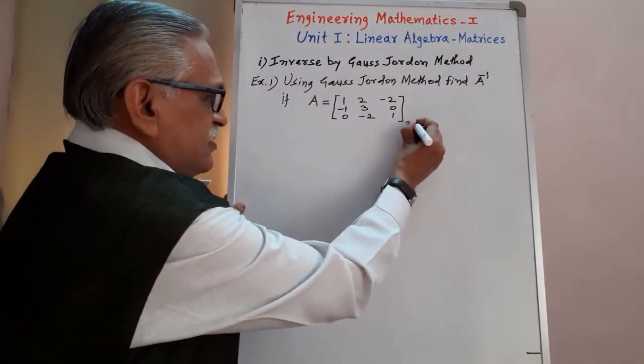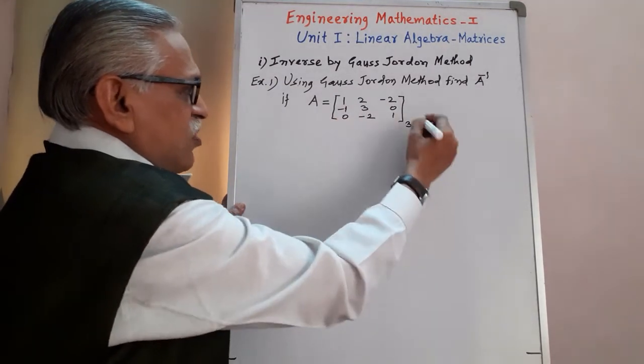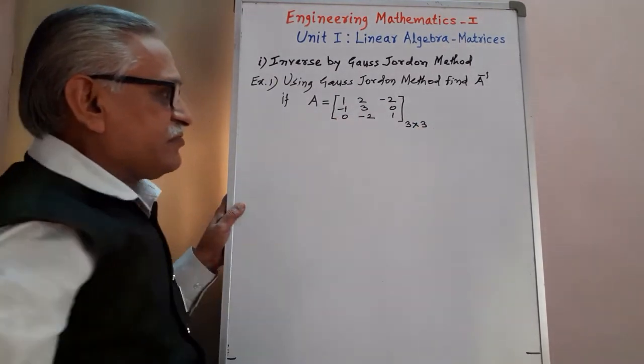Order of this matrix is 3 rows and 3 columns, therefore it is a 3 by 3 matrix.